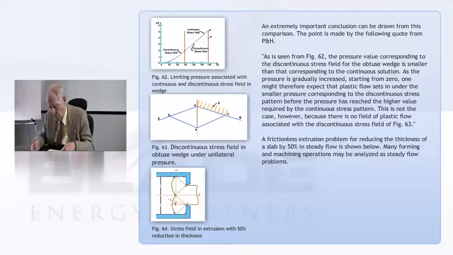So the second part of understanding the mystery of this curve is that you might think, if I started out here, say at 2 beta is 150 degrees, and I went straight up to find what the load for plastic flow is, I would first come to the discontinuous stress field, and then I would come to the continuous stress field.